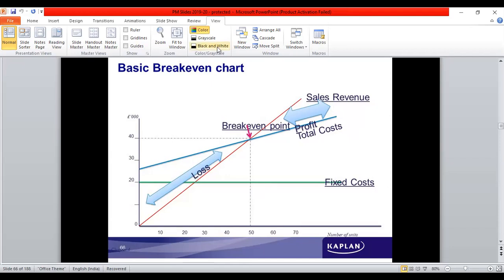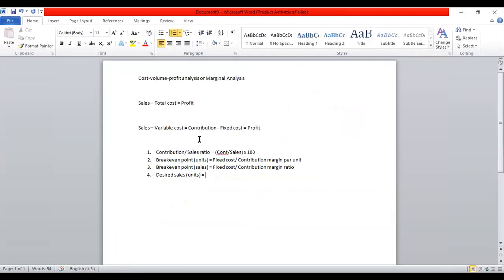So if we have to write the equation for the desired sales level, only at break-even point there is no profit, no loss. At any other level, we have either a profit or loss. So the same equation can be adopted, with the change that the numerator will have fixed cost plus or minus profit or loss.